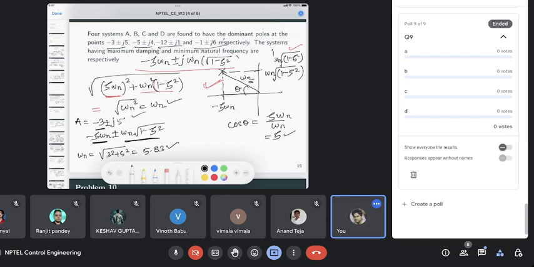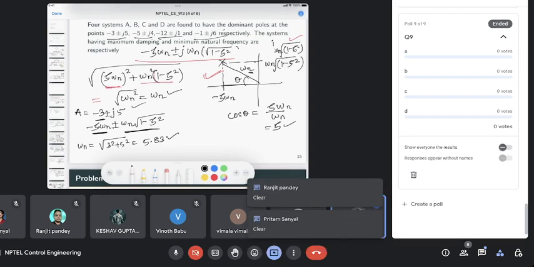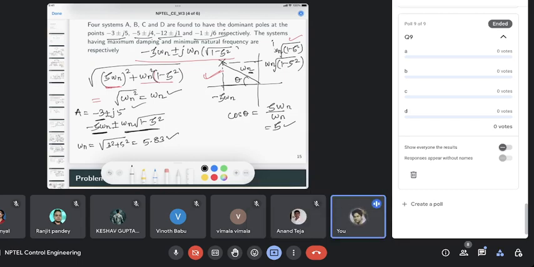Okay, you can ask if it is not clear, how you are getting it. Yeah, okay. So I'm assuming it's clear. Two guys have answered clear. So this is how you calculate omega n, and similarly for system A.